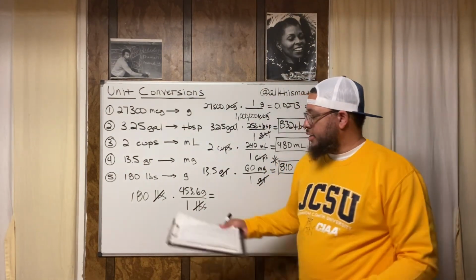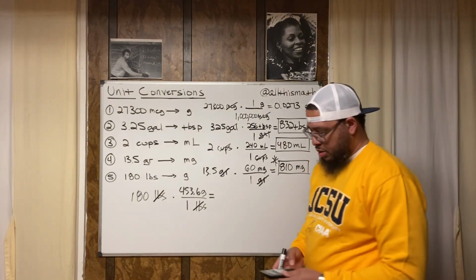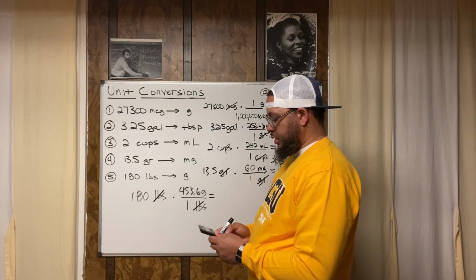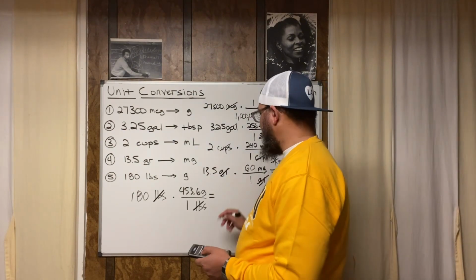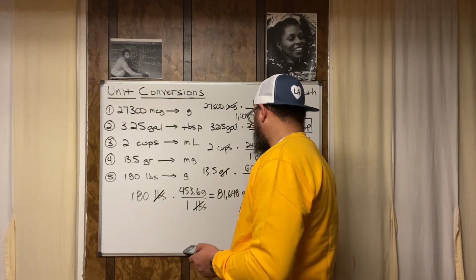So we're going to do 180 times 453.6. Type it in your calculator. That's equal to 81,648 grams.